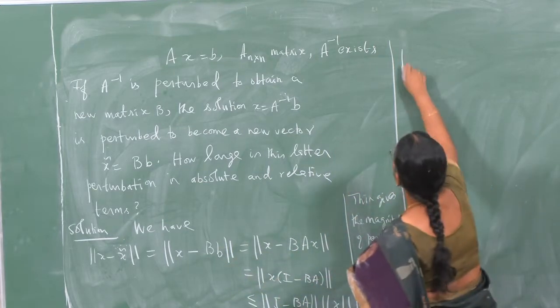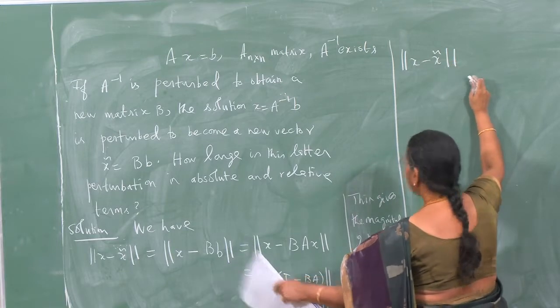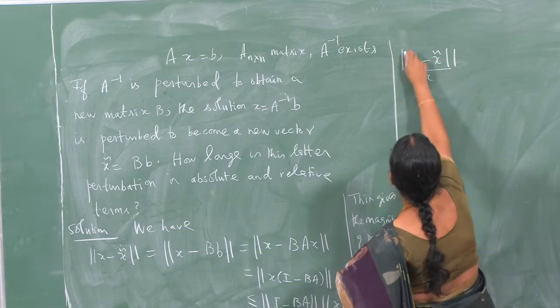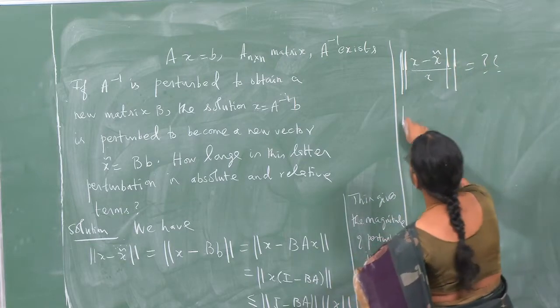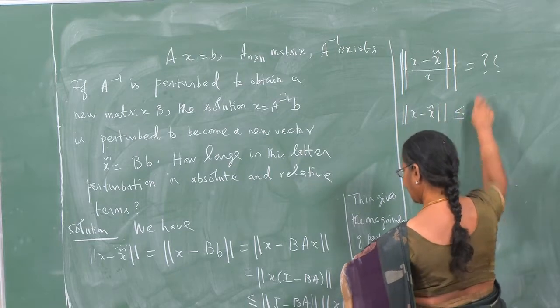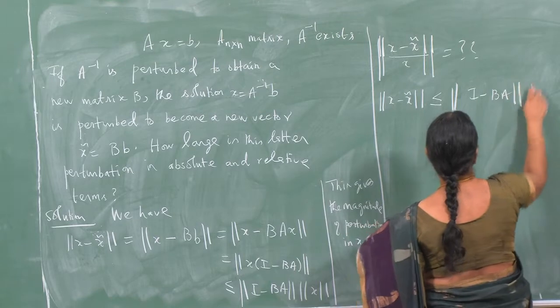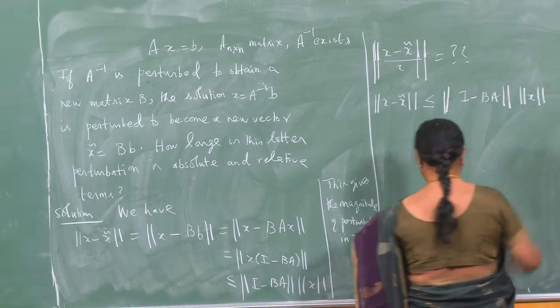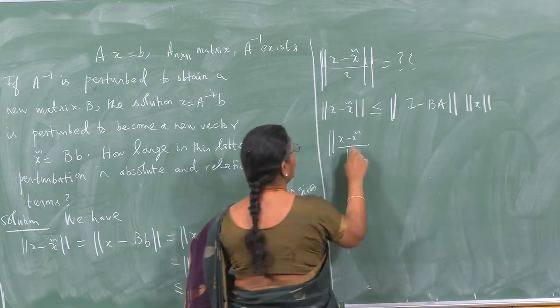So, I want norm x minus x tilde divided by norm x. What is it that I know? I know norm x minus x tilde is less than or equal to norm of I minus BA into norm of x. I divide throughout by norm x.